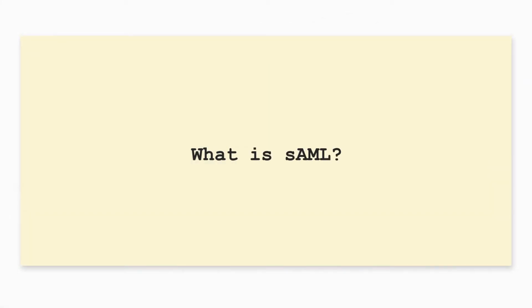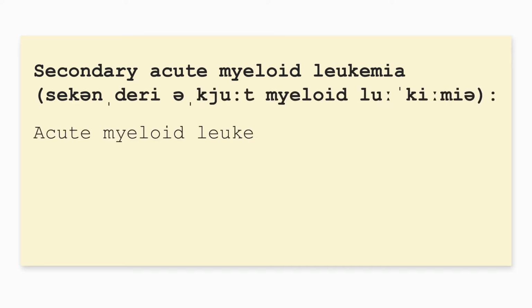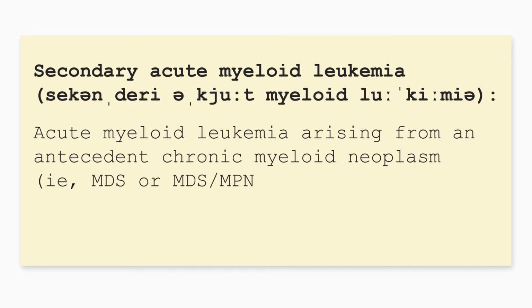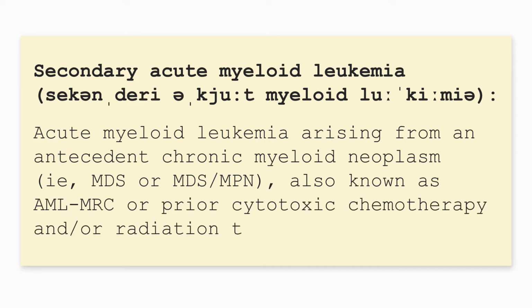Secondary AML, by definition, is a form of acute myeloid leukemia arising either from an antecedent chronic myeloid neoplasm, such as myelodysplastic syndrome or myelodysplastic syndrome myeloproliferative neoplasms, which we also refer to as acute myeloid leukemia with myelodysplasia-related changes, or an acute myeloid leukemia that arises in the setting of prior cytotoxic chemotherapy and or radiation therapy in patients that have been treated for other conditions.